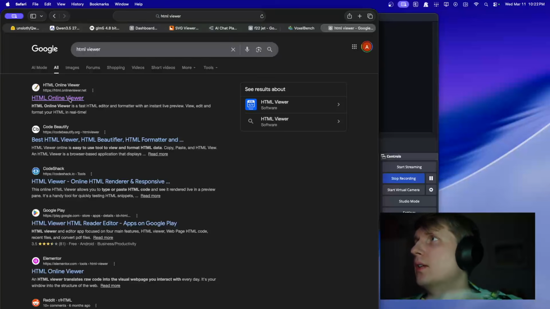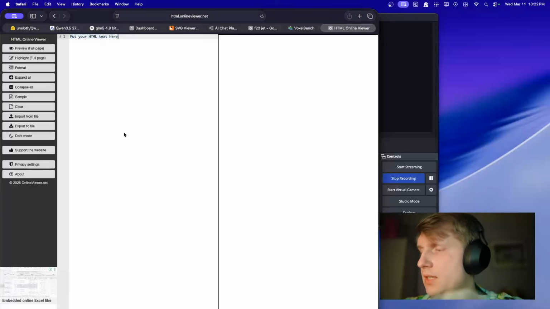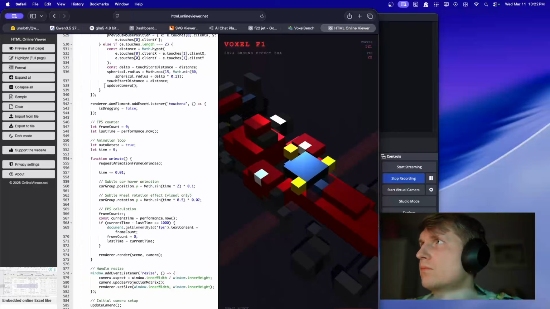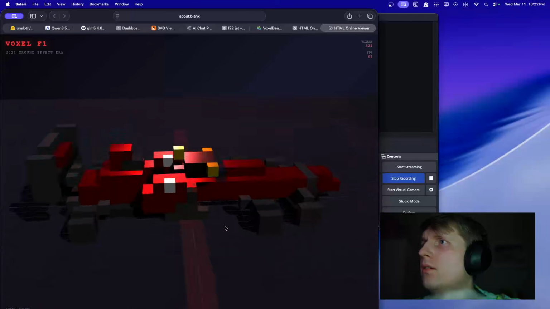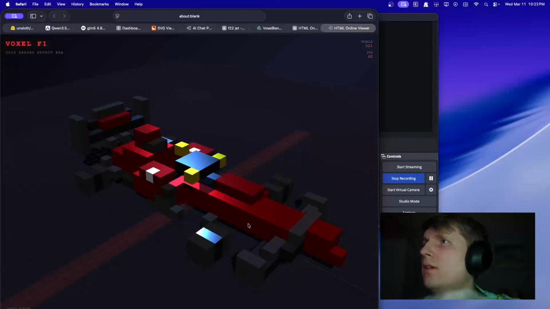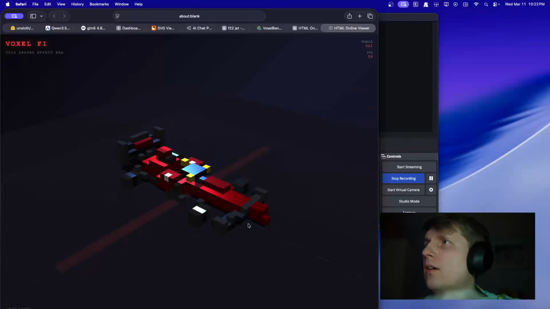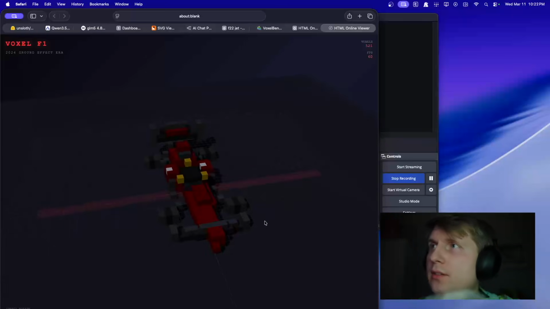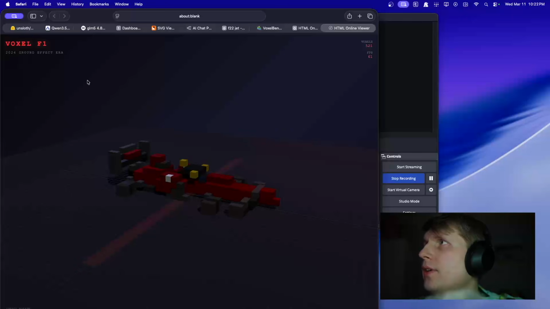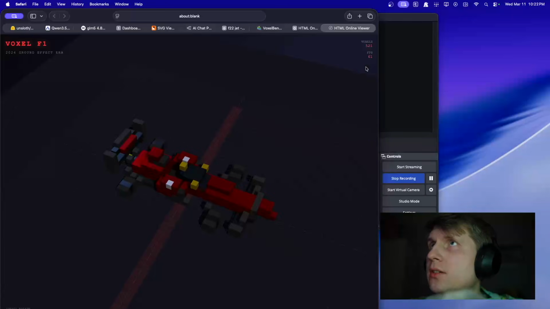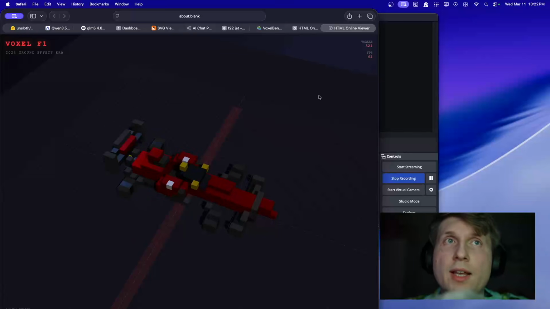All right, I'm just going to go here and whoa, hold on. Okay, this isn't bad actually. I really like the reflections. There's only 521 voxels, what it said it had.